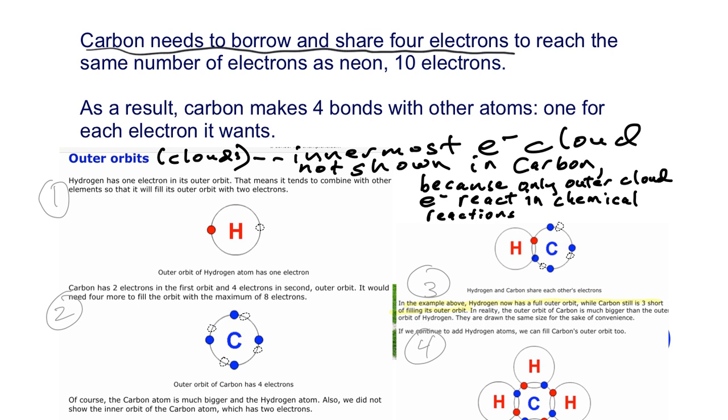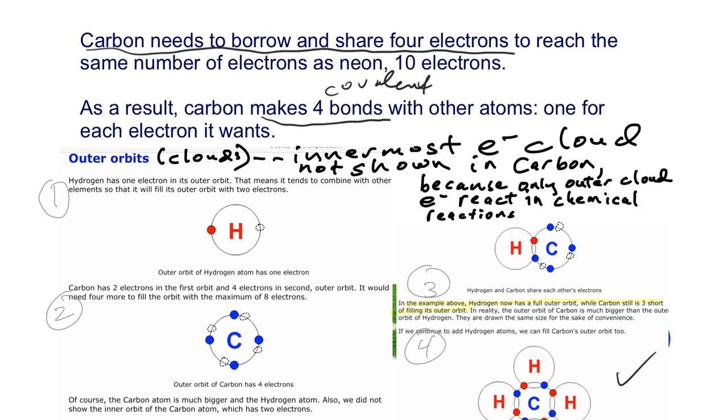So carbon can make up to 4 covalent bonds with other elements. Carbon is very important because you can hook more things up to carbon than any other element. If it was hydrogen, you can only hook one thing to hydrogen.